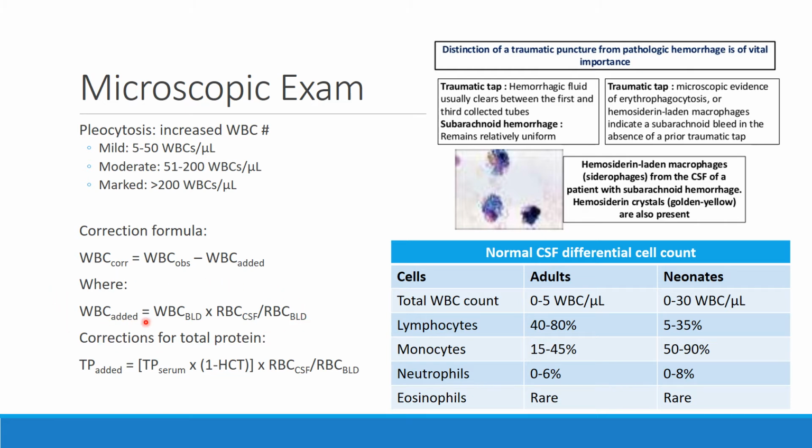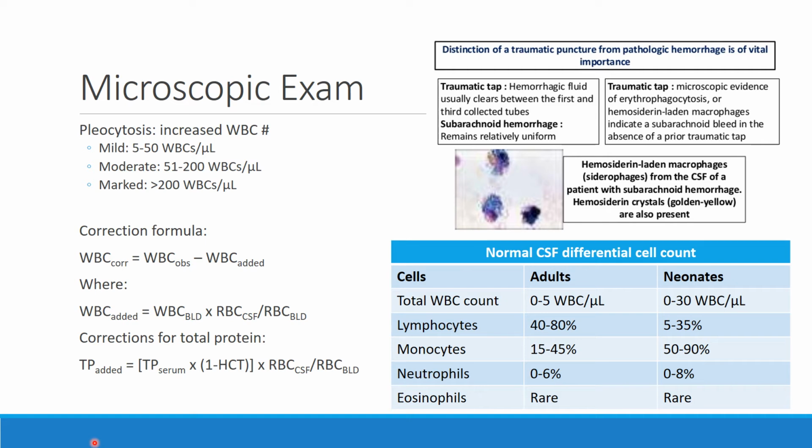You're going to have the white count of the blood times the red count of the CSF divided by the red count in the blood. Then you'll get the WBCs added from that formula and subtract them from your total WBCs observed in the CSF.